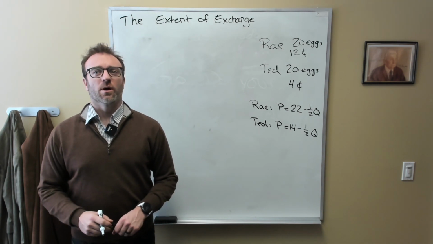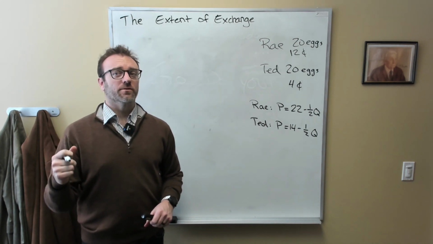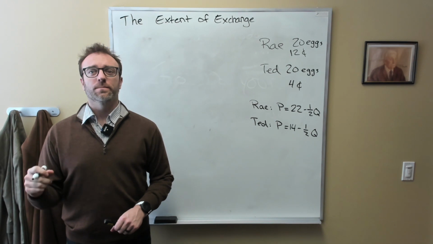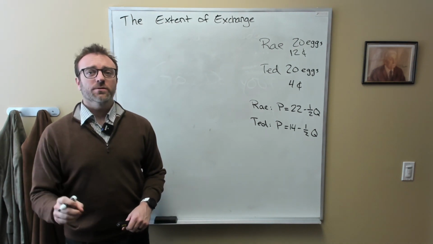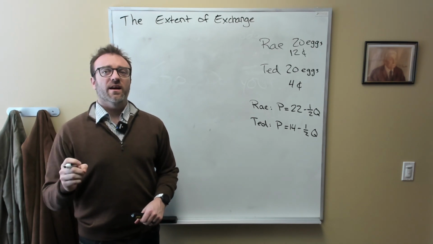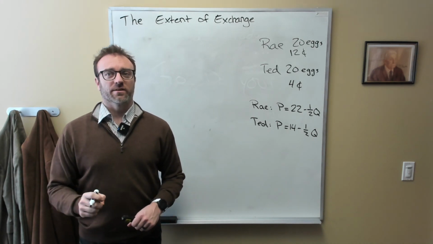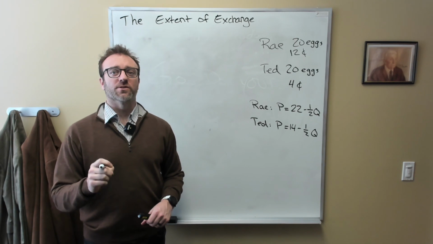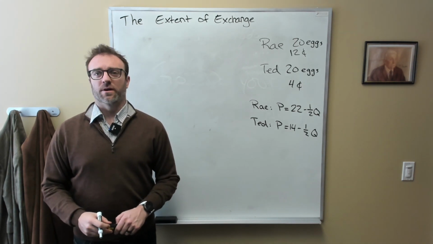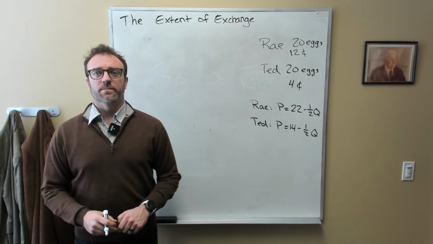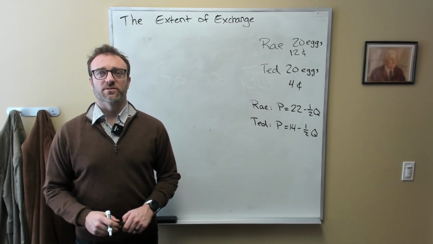But we should notice that as Ray buys more eggs, the marginal personal worth to her is diminishing. We should also recognize that as Ted sells Ray more eggs, the marginal personal worth to him is increasing. And finally, any egg that Ray buys must be sold by Ted.